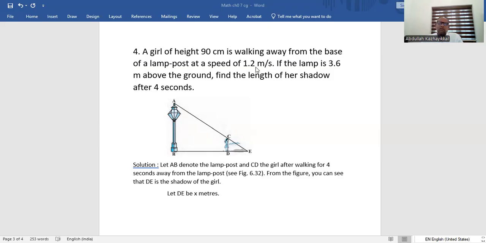That means we need distance. You know, distance is equal to speed into time. 1 second, 1.2 meter. So how many seconds? 4 seconds. 4 into 1.2. Speed is distance by time. So distance is equal to speed into time.